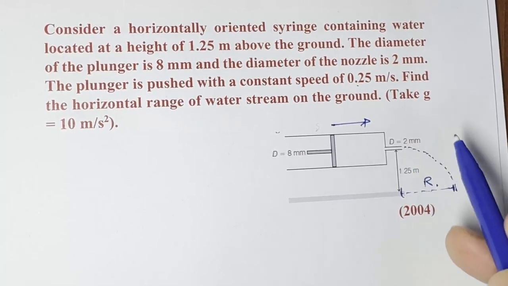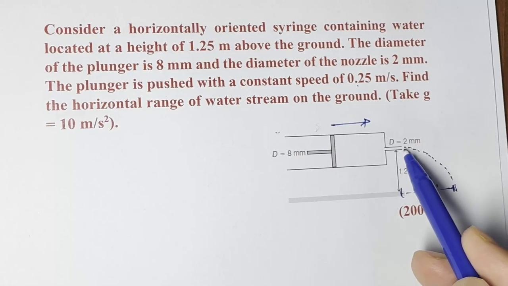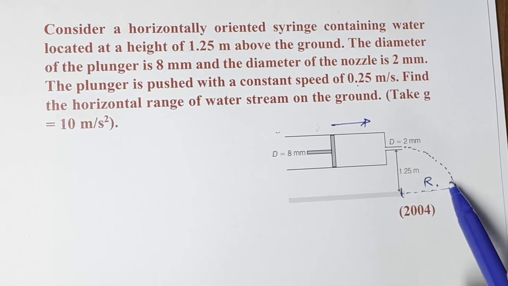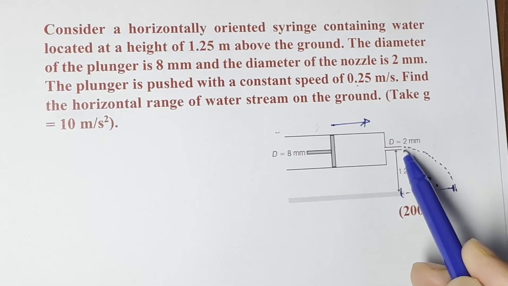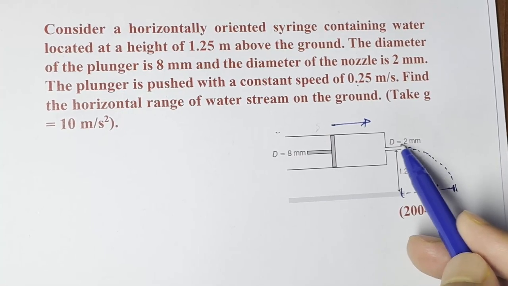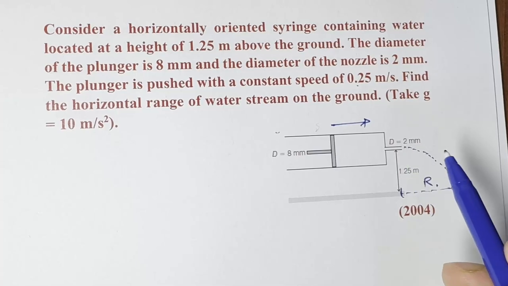As soon as the water leaves this nozzle, it will travel like a projectile, or the path will be that of a projectile. So we should know the velocity of the water coming right out of the nozzle.